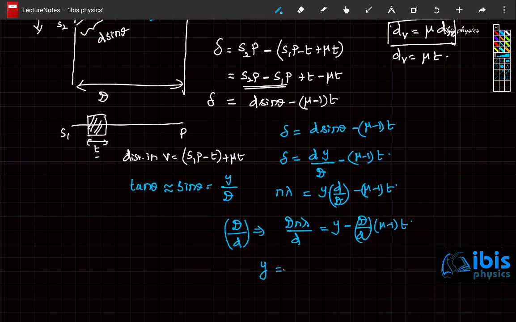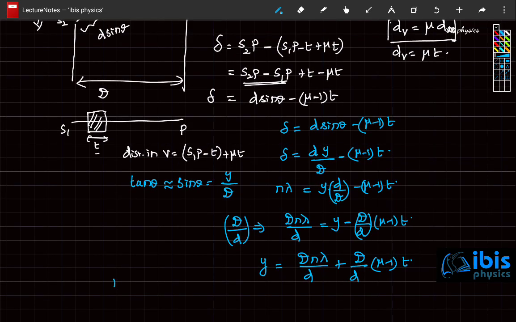So the position y is equal to n lambda D by d. When this goes to the other side, it is plus D by d into mu minus 1 into t.